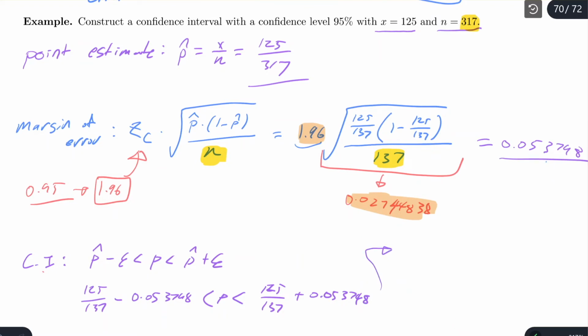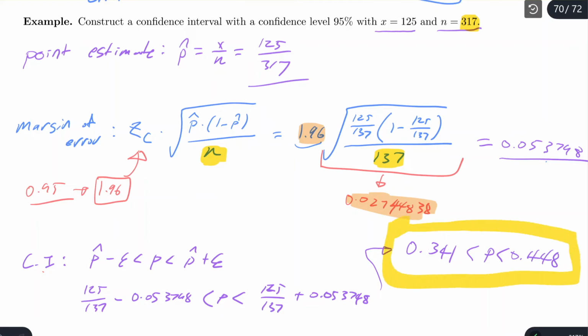Let me write it right here. You get 0.341. Let's just round to 3 decimals. Oops, sorry, I wrote the wrong number. It will be 0.448. So this is the confidence interval. That means we're 95% confident that the population proportion is in between 0.341 and 0.448.